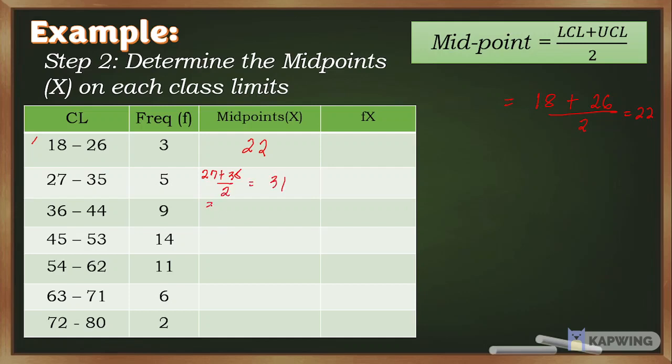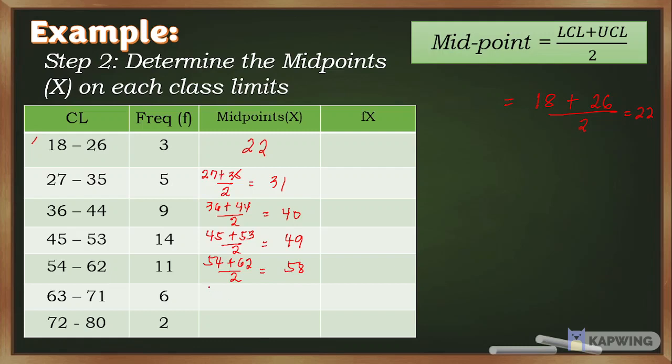Next, 36 plus 44 over 2 is equal to 40. Next, 45 plus 53 over 2 is equal to 49. Next, 54 plus 62 over 2 is equal to 58.